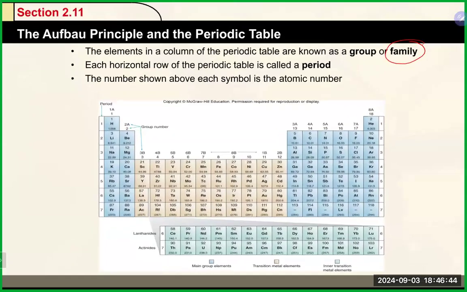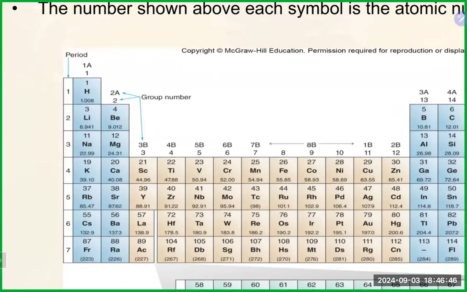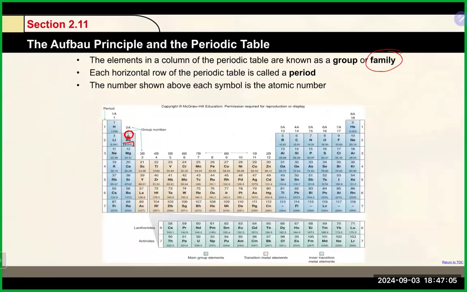Most people call them groups, unless you're really old like me. When we look at this periodic table, we also talked about the top number. That is our atomic number. And again, as we talked about in chapter 1, that is the number of protons in that atom. Once again, the bottom number is the atomic mass, not the mass number, but the atomic mass that you see there.